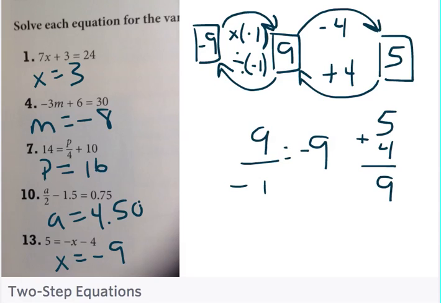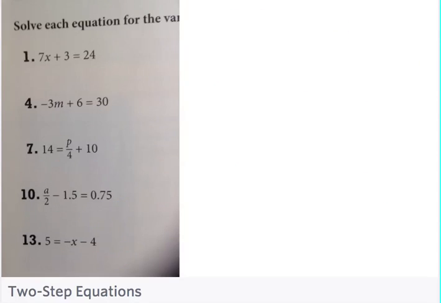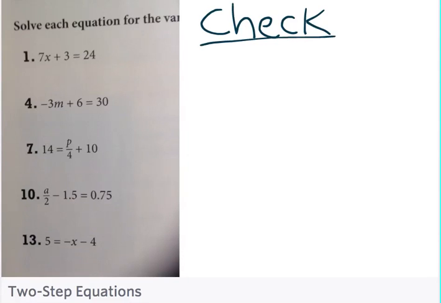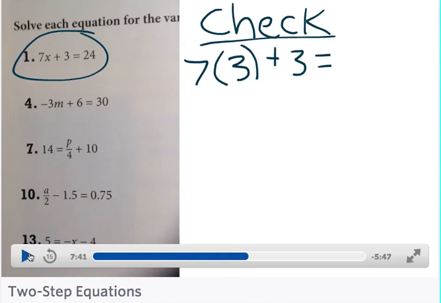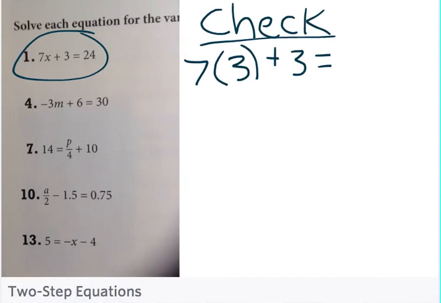So let's check the first one, that x is equal to 3. We're going to replace the x with the value that we think it is. And I'm going to stop the video here just for a moment to make sure that you can see what I've done.